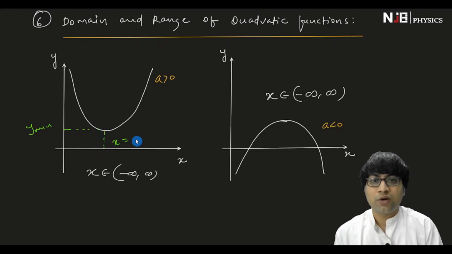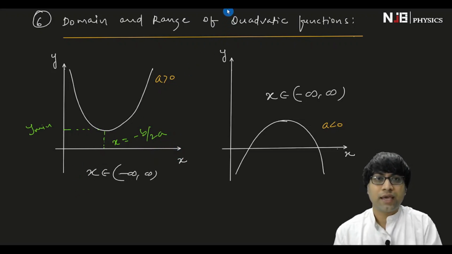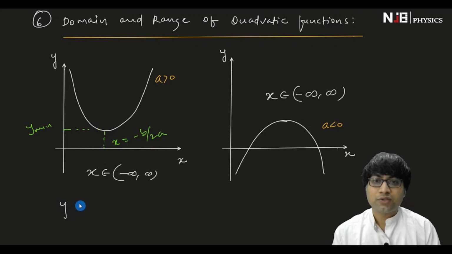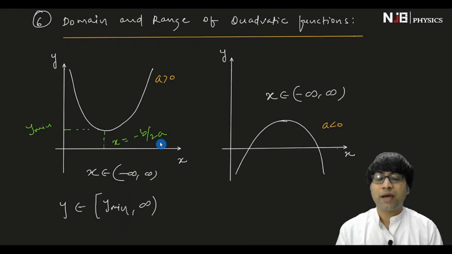It is at x equal to minus b by 2a. That y is going to be minimum, and therefore in the first case the range of the function is going to be a certain minimum value of y to positive infinity, and we have to include that certain minimum value of y. How are we going to get this value? We just put x equal to minus b by 2a in the equation.